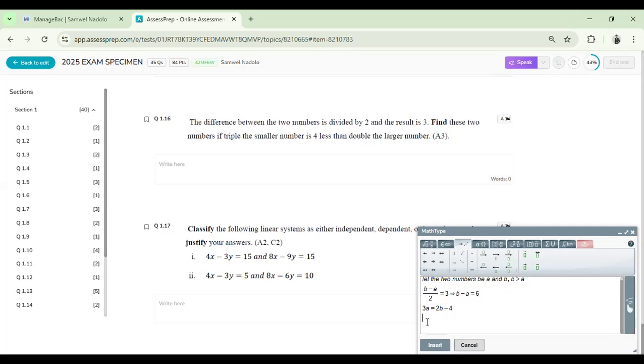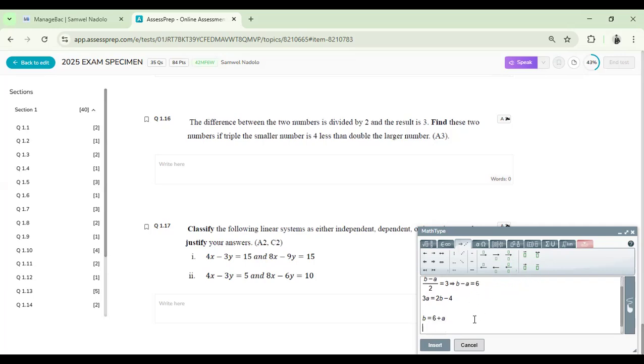Now I can use any method to solve this, even graphically if GeoGebra is provided. If not, you can use algebra. From my first equation, I can make B the subject. So B is equal to 6 plus A, having moved A to the right hand side.